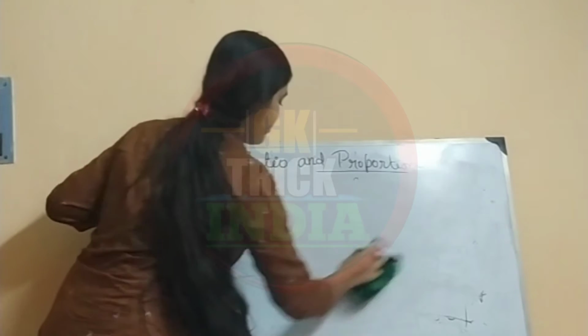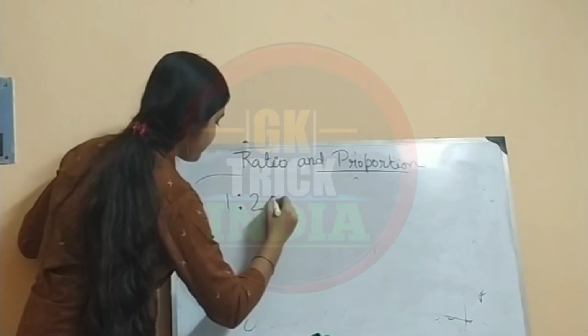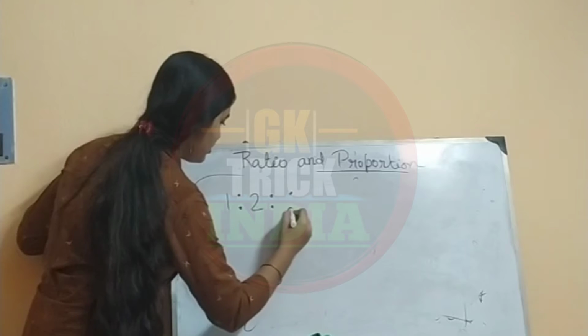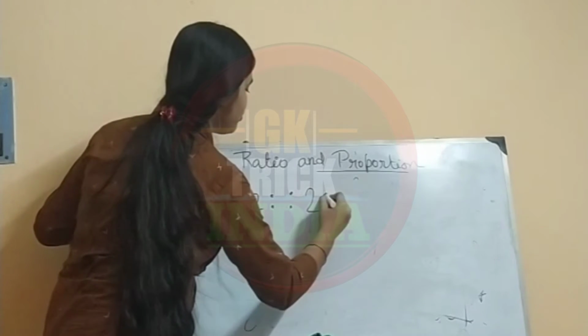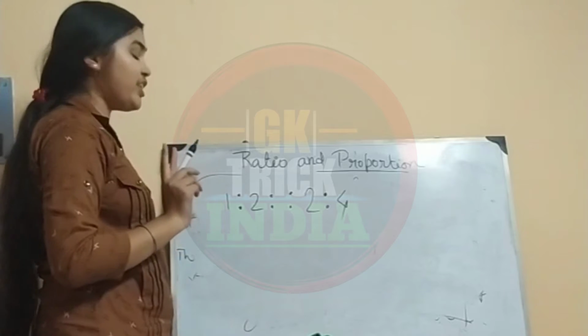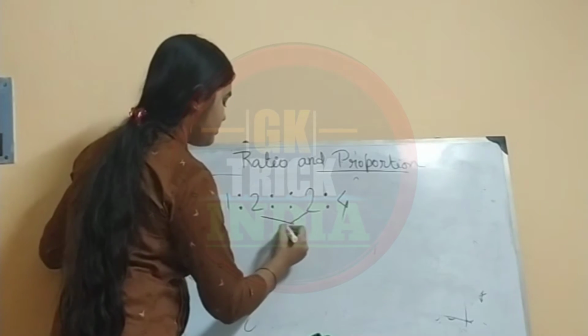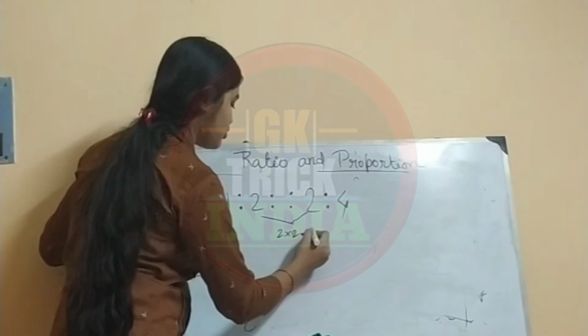Like in the ratio 1 is to 2 as 2 is to 4. In this ratio, look, I am proving everything I have told. Product of the means equals 2 into 2 equals 4.